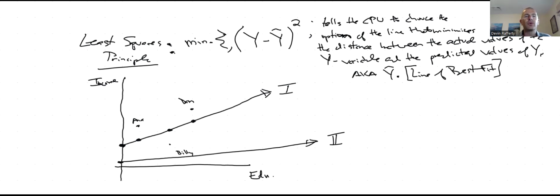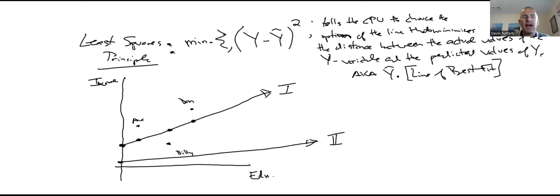Okay. So what the least squares principle does is it tells the computer to choose the line option that has the smallest gap, the smallest distance between the actual values. These are the actual values: Dan, Anna, Billy.